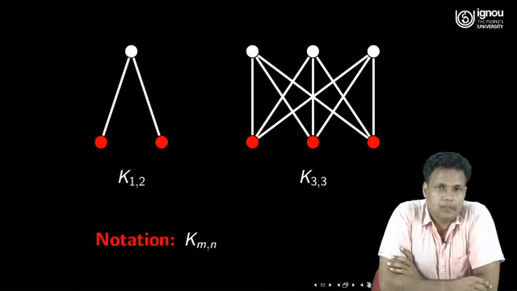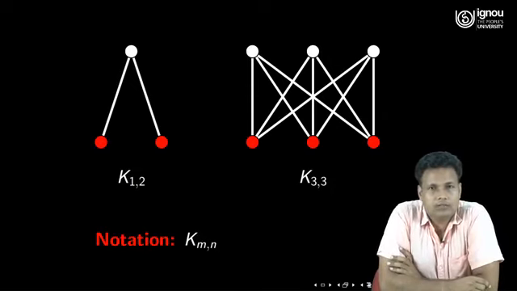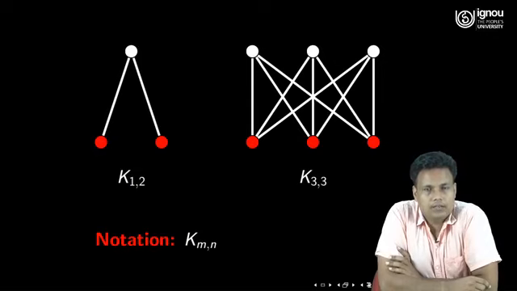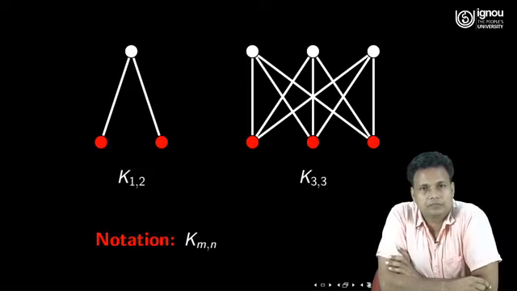For instance, just look at these graphs. The graph on the left is the complete bipartite graph where one partite set has one vertex and the second partite set has two vertices, which are shown in two different colors.